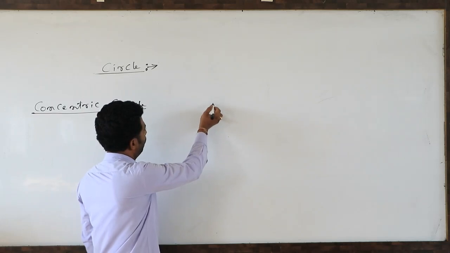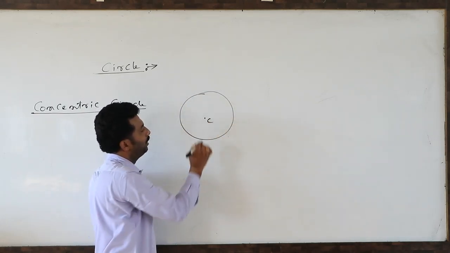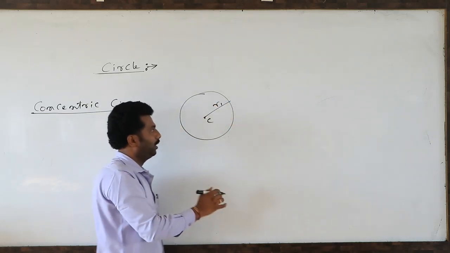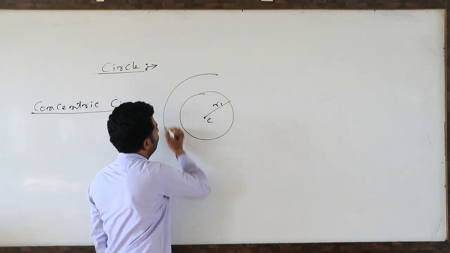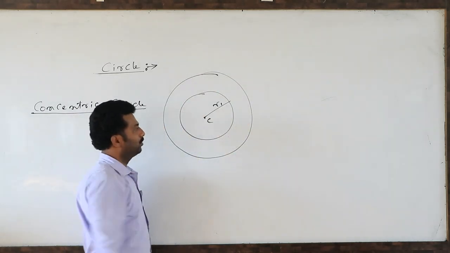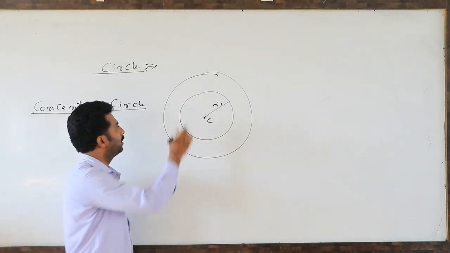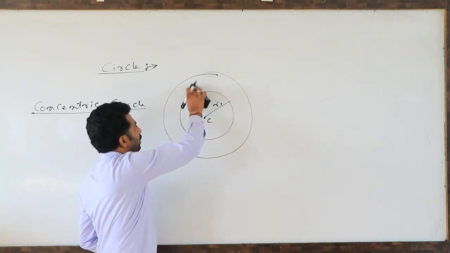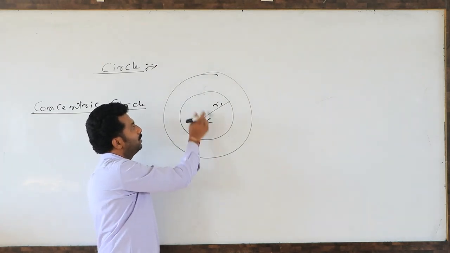One circle I am taking. Suppose this is a circle with the center C and radius R1. One more circle, another circle like this, you have taken with the same center. Whatever the center of the first circle, this is circle S. Why do we take S for the circle? Because the C notation is already there.